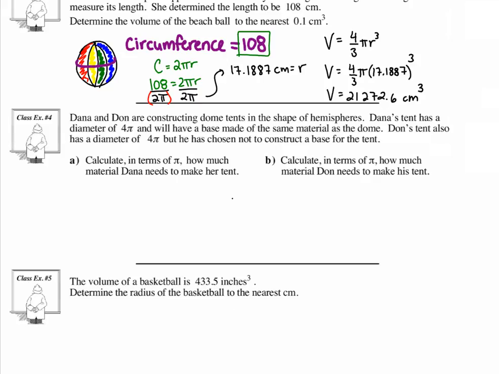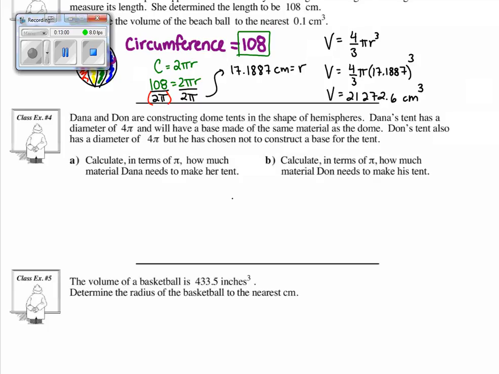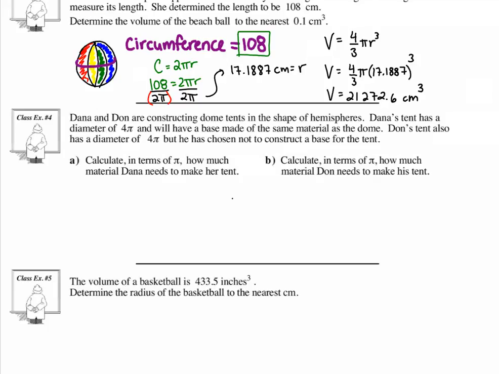Okay, Dana and Don are constructing dome tents in the shape of hemispheres. Okay, so Dana's tent, did you draw it? Dana's tent has a diameter of 4 pi. 4 pi is the diameter.